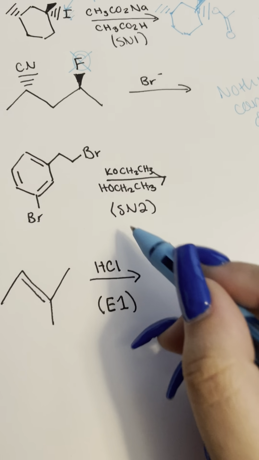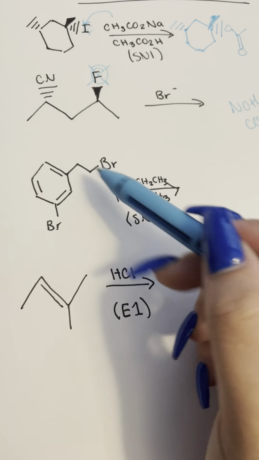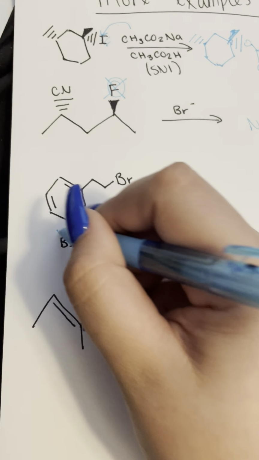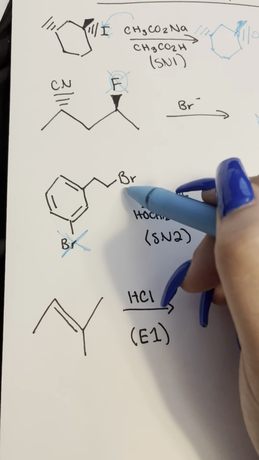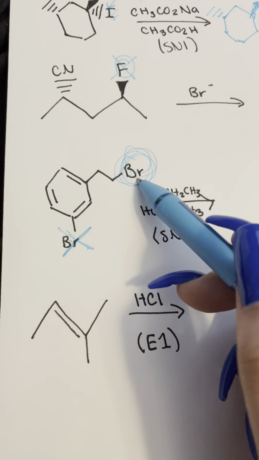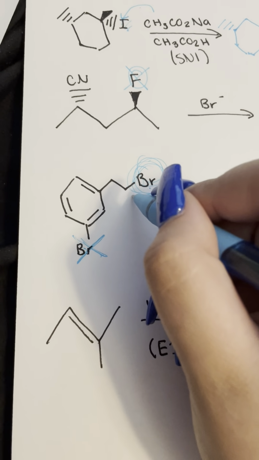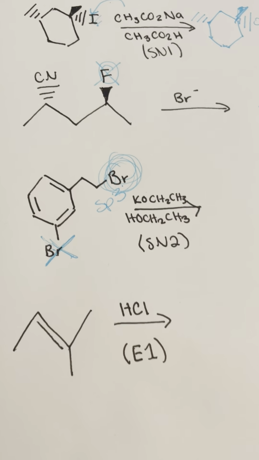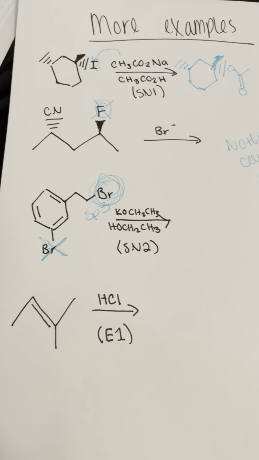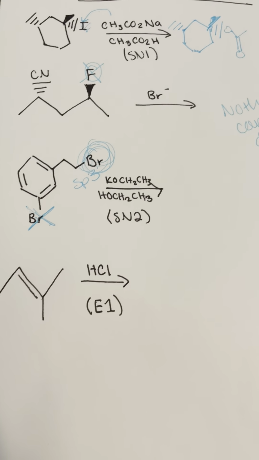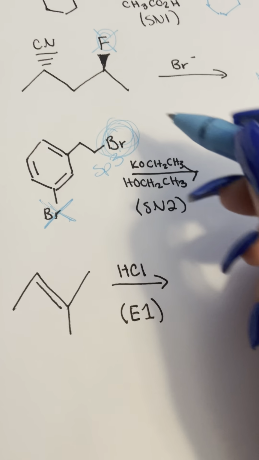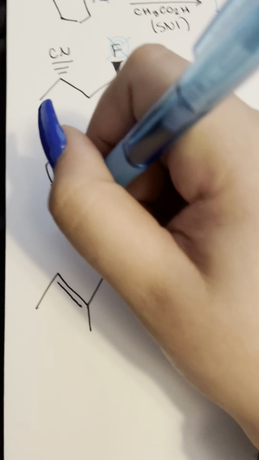Now notice this is an Sn2, this is a benzylic, but we have 2 bromines. We are not going to use this bromine because this bromine is a better leaving group because it is sp3. Now you should have learned about sp3 in previous chemistry courses. Now because it is sp3, this is a better leaving group, therefore we're not going to be using this.